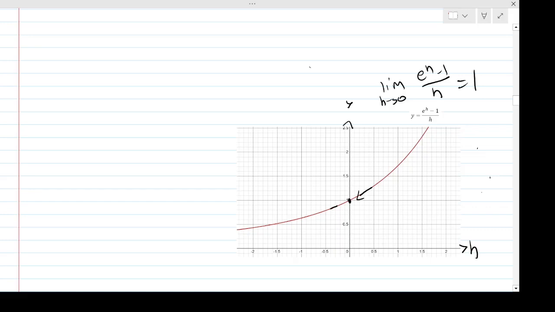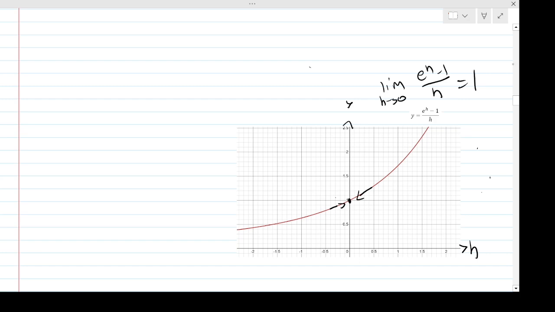Either side of the curve, it tends to 1, but it doesn't matter if it's not defined at 0. A limit means what happens as the curve is pushed towards h is 0, not actually what happens at h is 0, but what happens when it is pushed towards it.